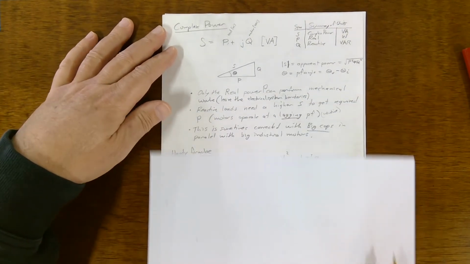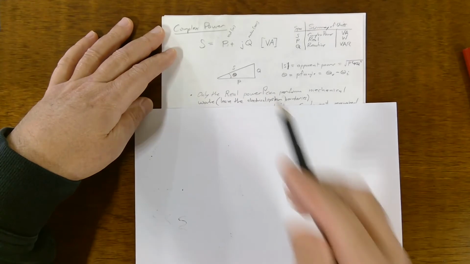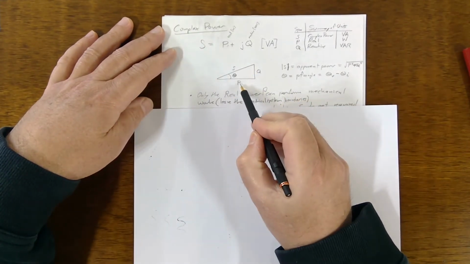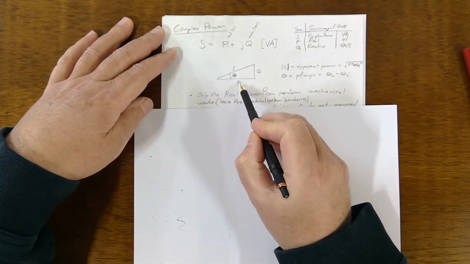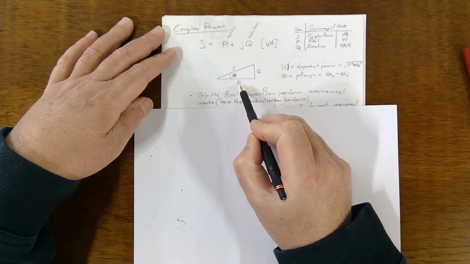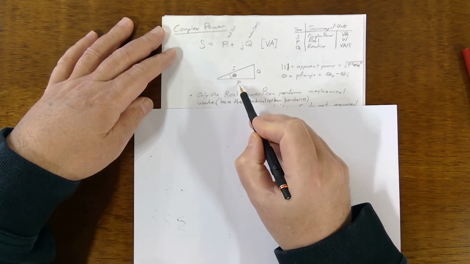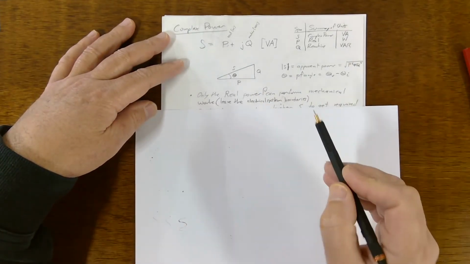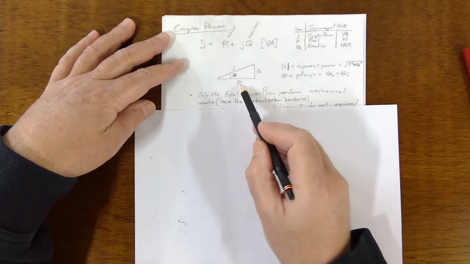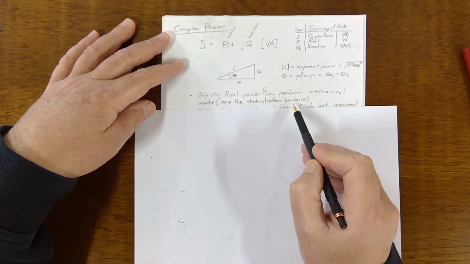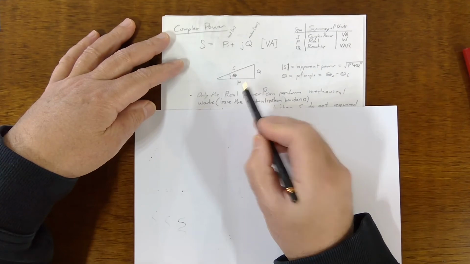So let's say a couple of things around here. Only the real power, P, is what's doing work for us, right? This P component is the reason you're trying to transfer power in the first place, because you're trying to run your stove or something. That will leave the boundaries of our circuit system and be turned into heat.